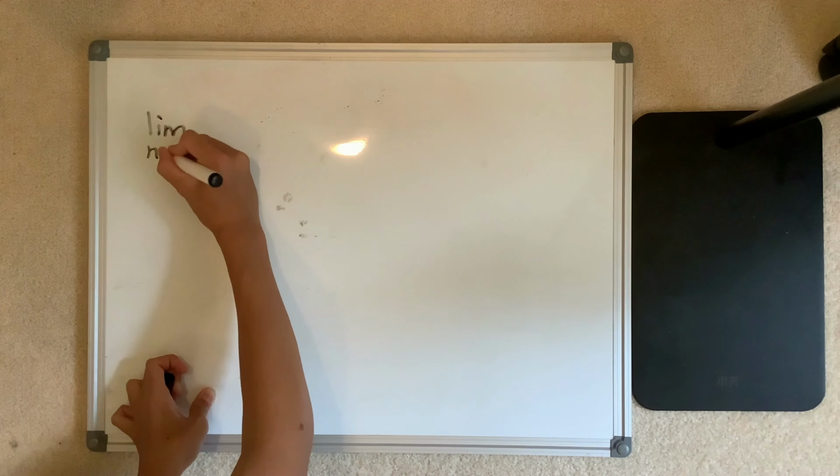So the indeterminate form of 0 times infinity. But we can arrange this like this. So this will equal the limit of n towards infinity of the log of 1 plus 1 over n, divided by 1 over n.